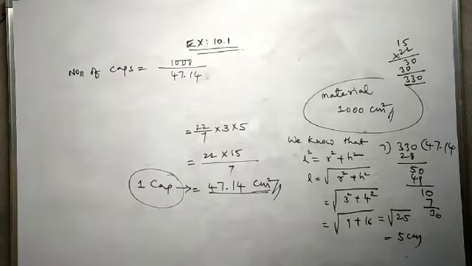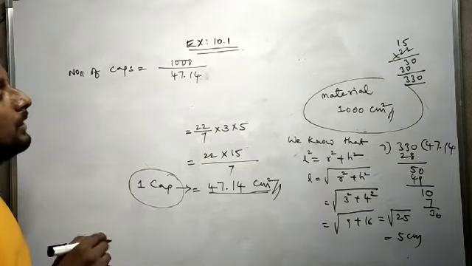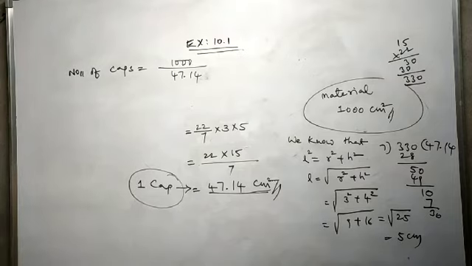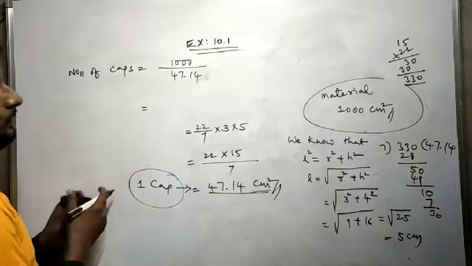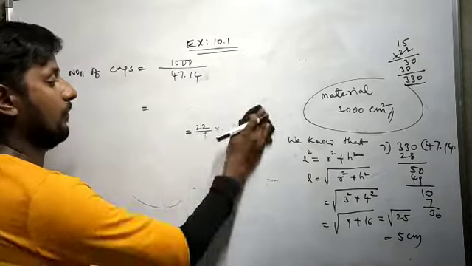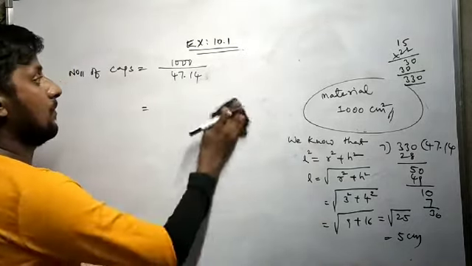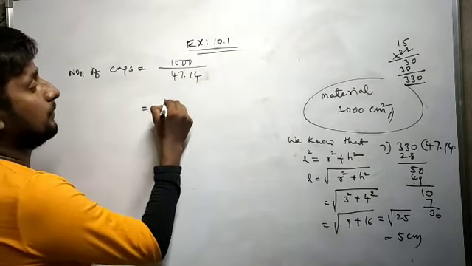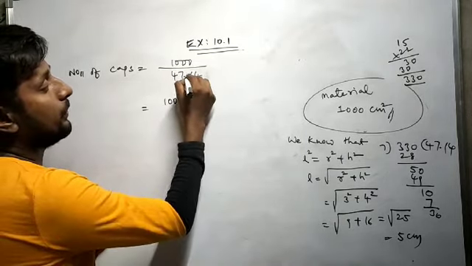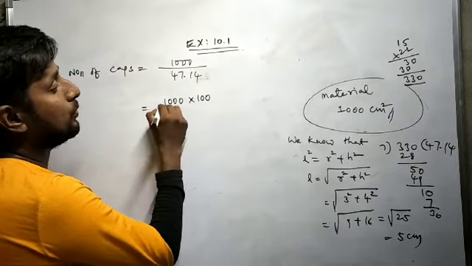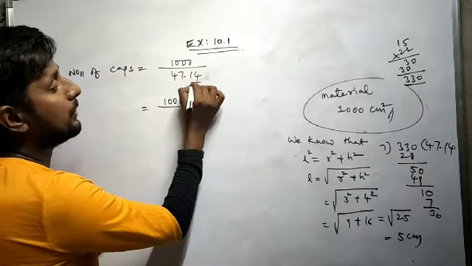Then how do we do it? Try to cancel. If you remove the decimal, 1000 gets two more zeros because after the decimal we have 2 digits.